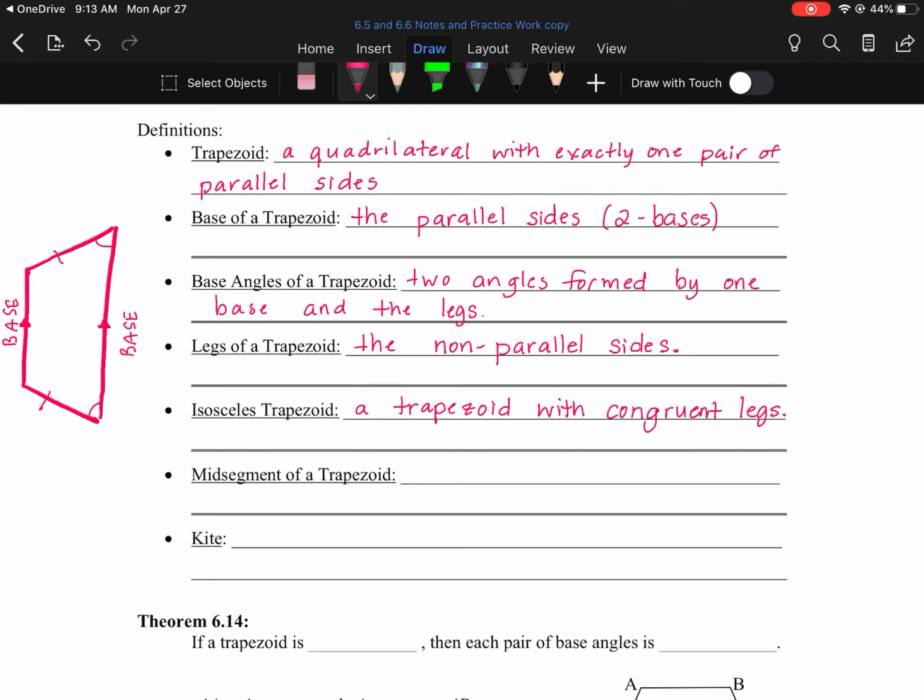The midsegment of a trapezoid is sometimes also called the median. We'll write that down; you need to be familiar with both.